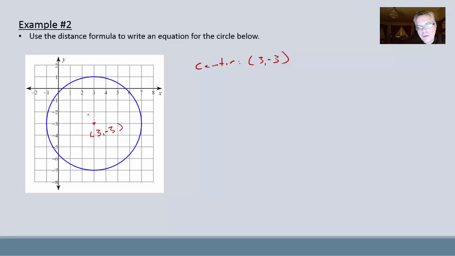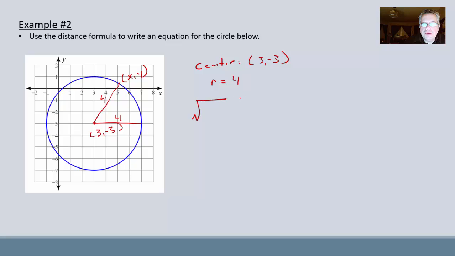So notice I go to the right or up because we know what those distances are. This is 1, 2, 3, 4. So the radius is 4 again. And we want to write an equation that any point x, y on the circle must satisfy. So any point, if it's on the circle, it's got to be 4 away from the center.